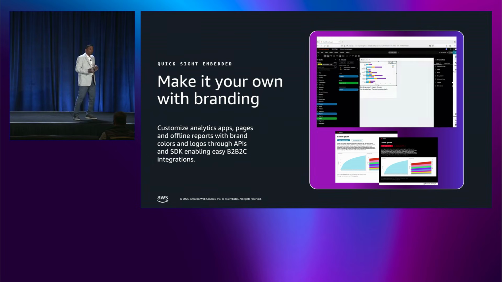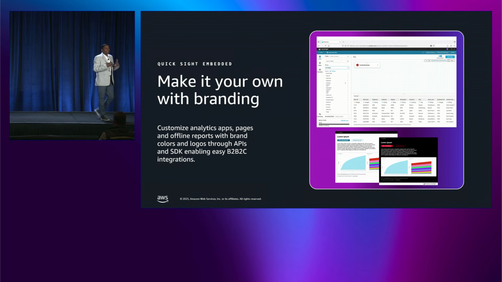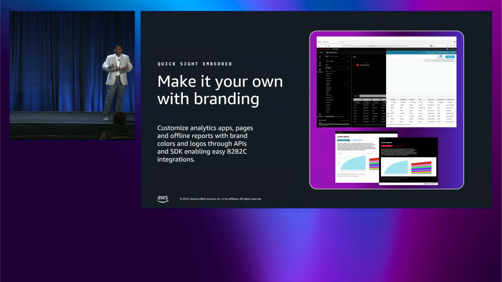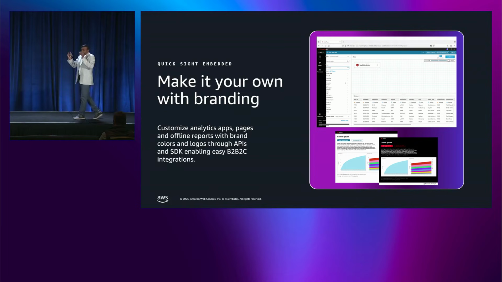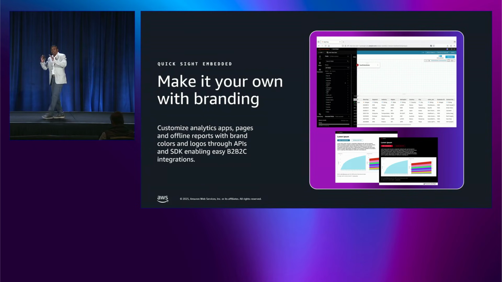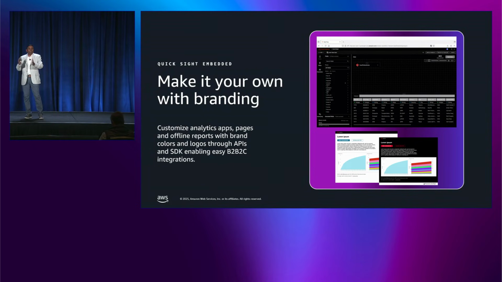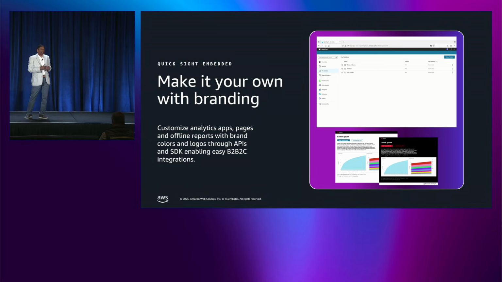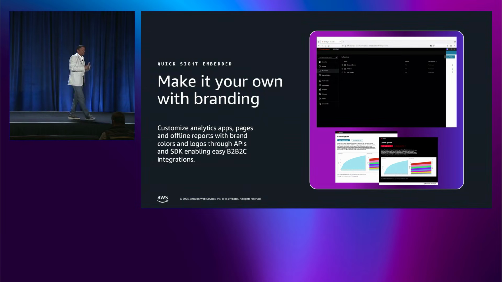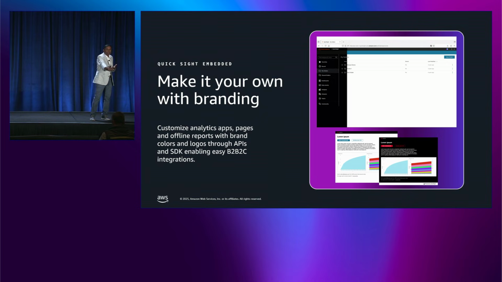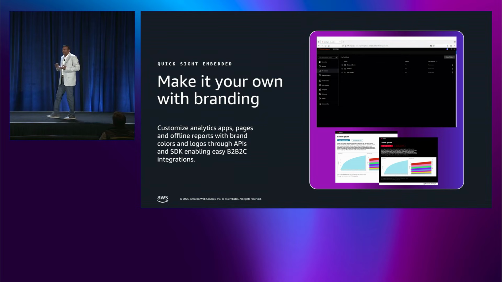And with theming and custom branding available dynamically within the embedding SDK, you can actually create one experience and deploy it in multiple variants as if they are multiple avatars based on the user or the end customer, so that you don't have to rebuild the entire experience over and over again.